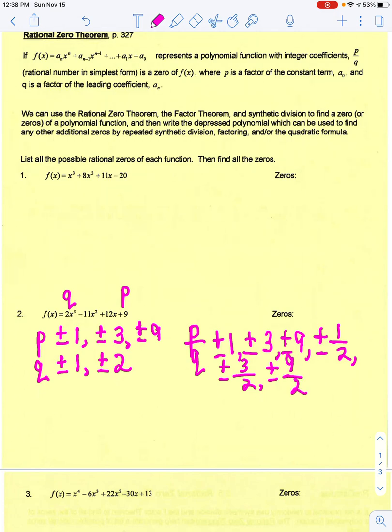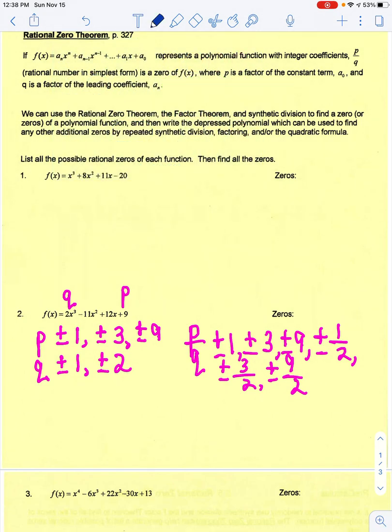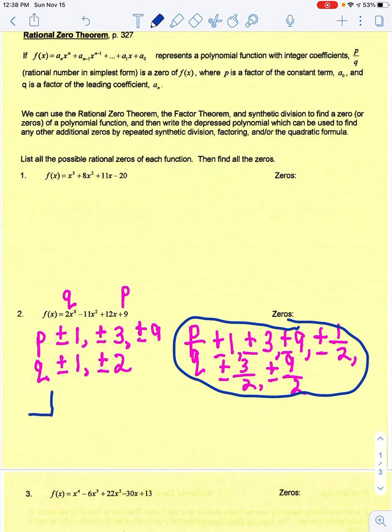Now, my objective here, I'm going to change the color, is to find one of these possible zeros that's going to work when I do synthetic division and gives me a remainder of 0.